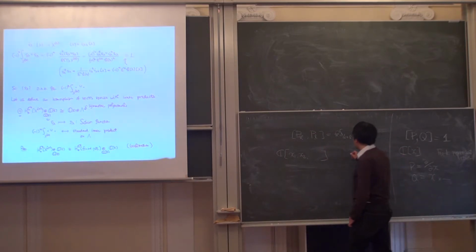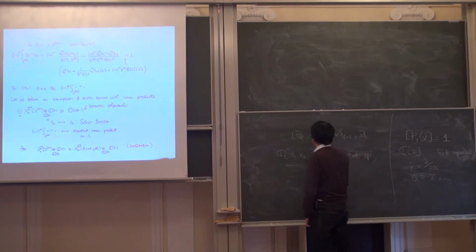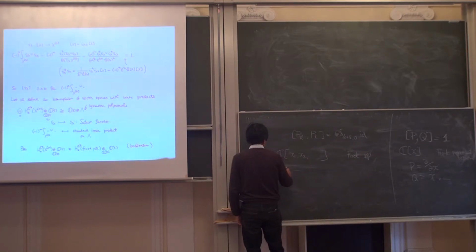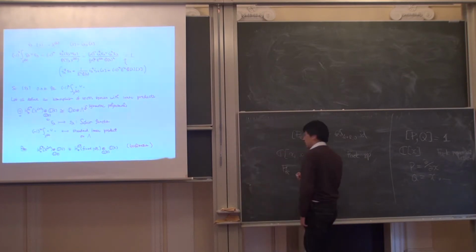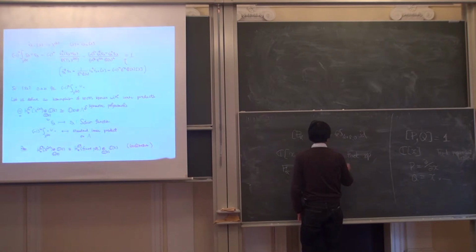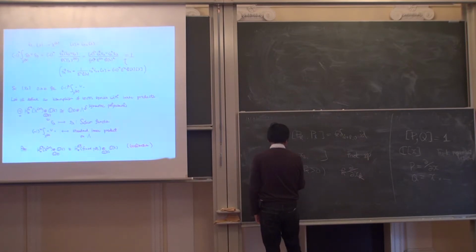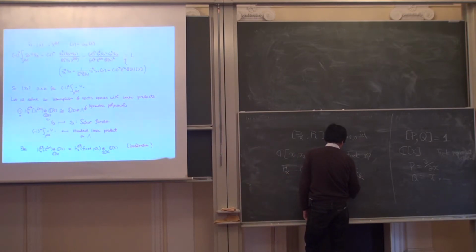It is also called Fock space. And p_k for k positive is the annihilation operator, and because of this notation I must multiply by k. And p_k for k negative is just multiplication.